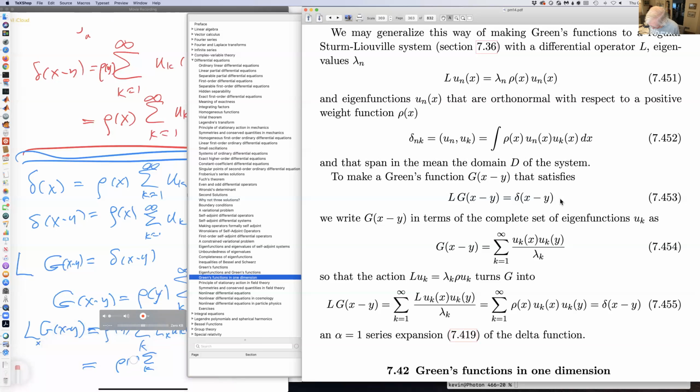This is rho of y, and this is going to be sum on k, rho of x, lambda k, uk of x, uk of y. And now I see I actually was a little bit dumb. So let me be undumb using an eraser. Let's write the Green's function this way.